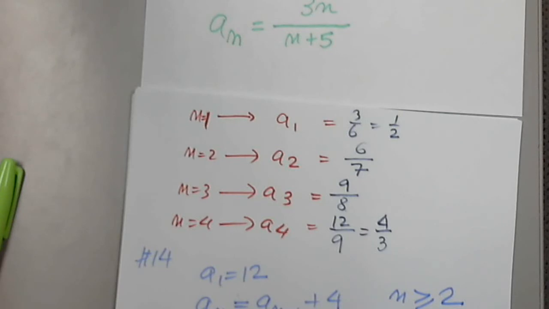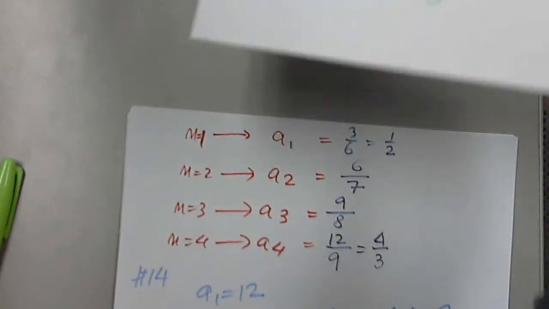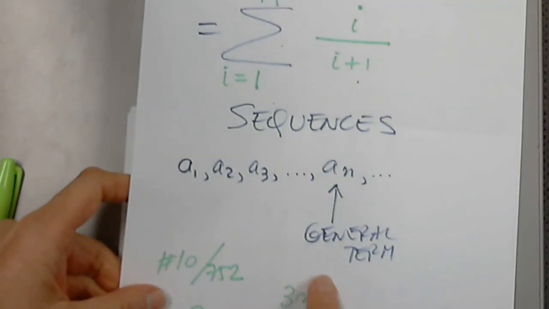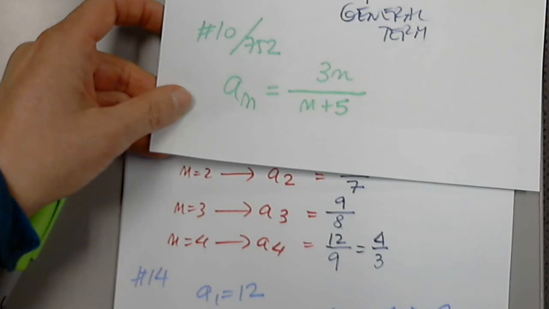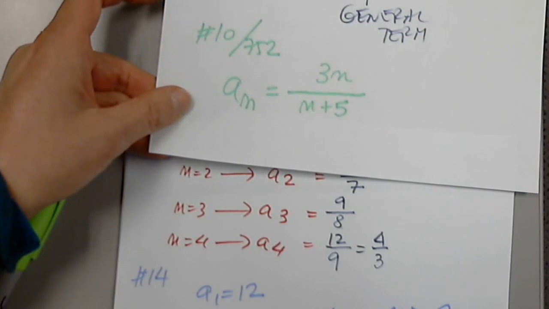We haven't read the question yet. So the sequence is given using a recursion formula. What does that mean? As you see, the general term is not given to us plainly. It's given to us depending on the term before itself.